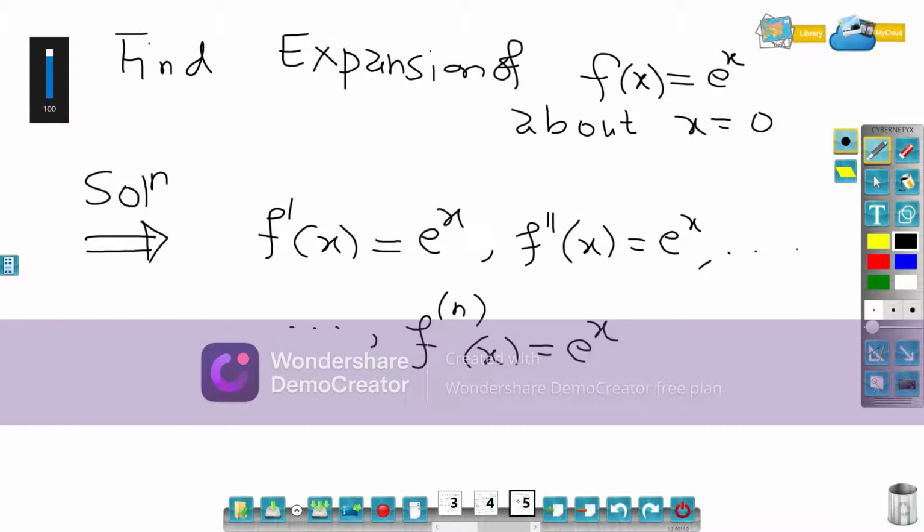By default, when it is not mentioned, we will be applying the Lagrange's remainder. That means we are taking p is equal to n. That should be noted.